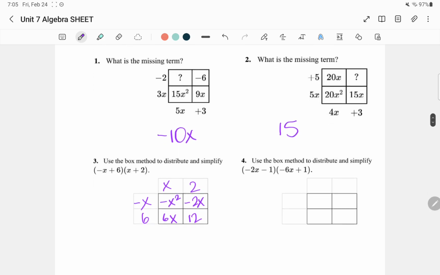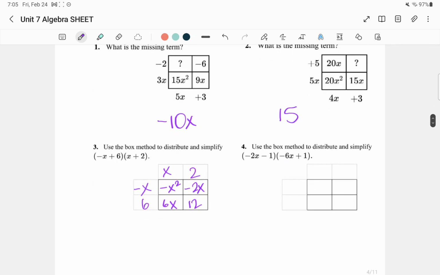Now I have to actually go ahead and simplify this. I'm not done. So I'm going to write everything in the boxes down below here. So -x squared, and then -2x, then plus 6x, and then plus 12. Now again, the order doesn't really matter. I just went across and then down. However you write it is okay, because now we still have to combine like terms.